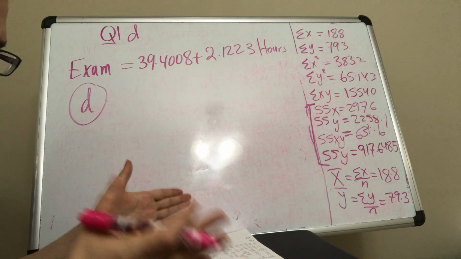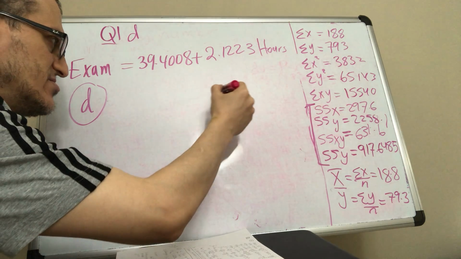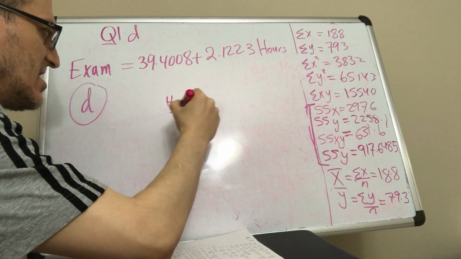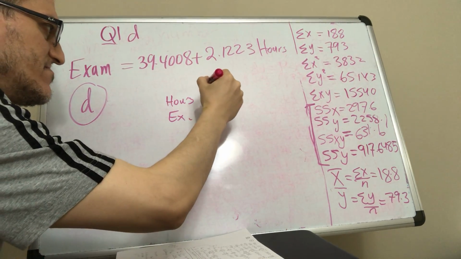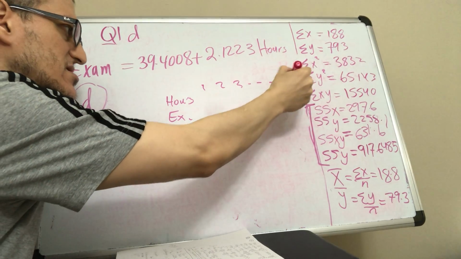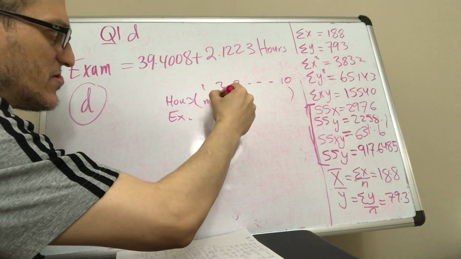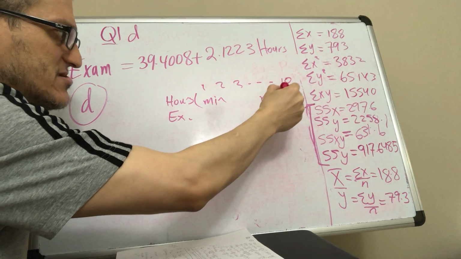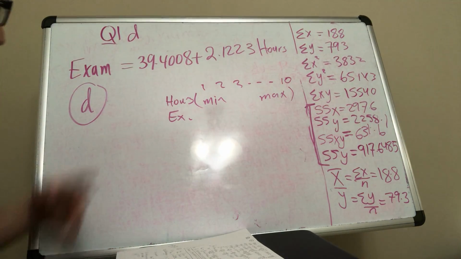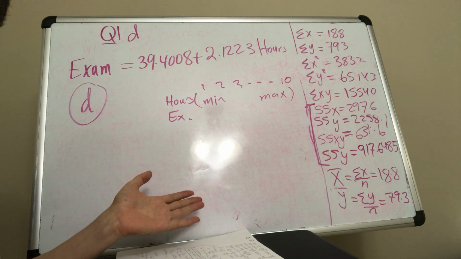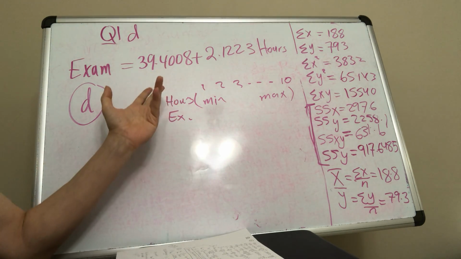Is 25 within range? You have hours and you have exam, and there are about 10 different numbers. You look at the hours, you look for the minimum and maximum. Is 25 within range? You'll see, yes, it's within range. So you can use the equation.